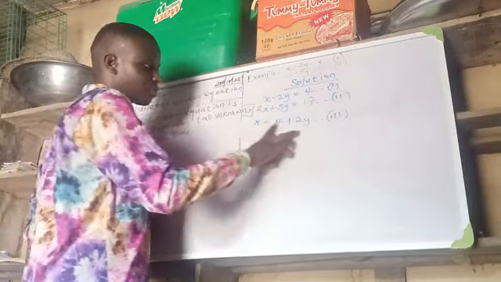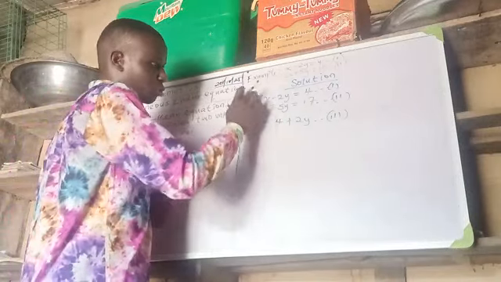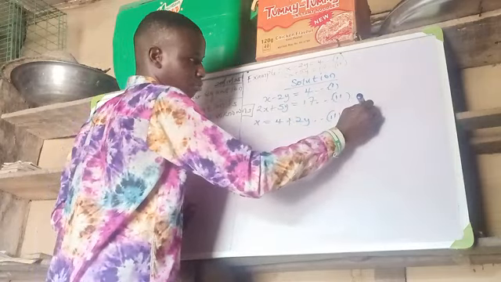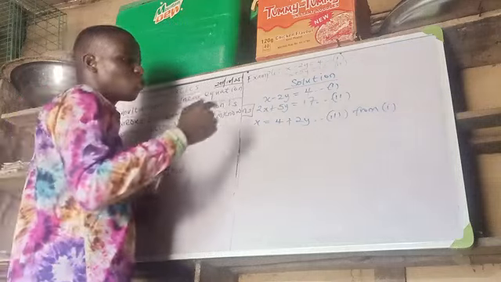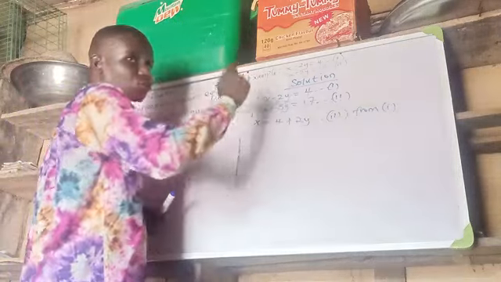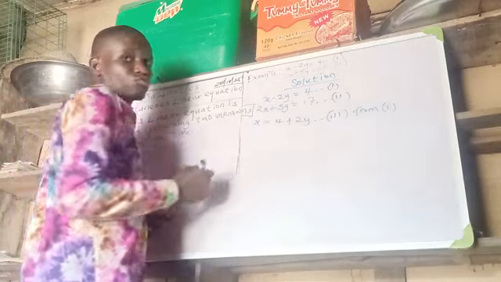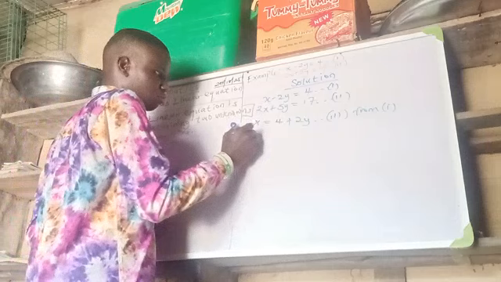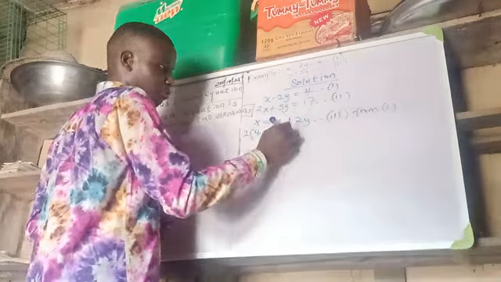I cannot use this in equation 1, because I generated it from equation 1. So there is no need for me to put this back into equation 1. Rather, I'll put it into equation 2. So I'm going to have 2 times the x value, which is 4 plus 2y.